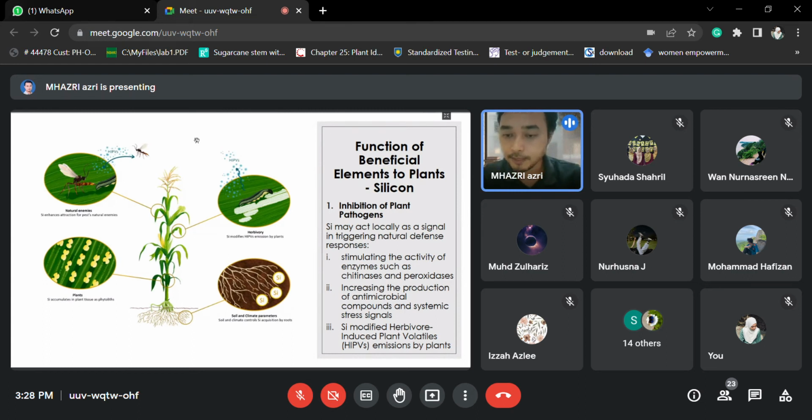Okay. Apart from that, silicon also will increase the productions of antimicrobial compound and systemic stress signals. Okay. So example of antimicrobial compound adalah peroxidases tadi. Okay. So when bacteria attack plant, dia ada memory system macam tubuh badan manusia. Okay.